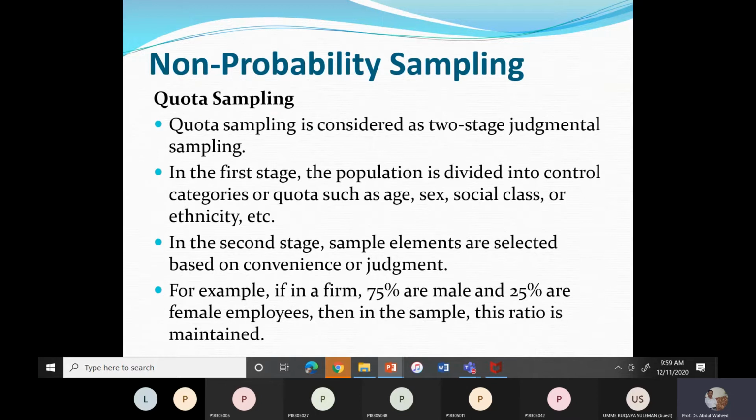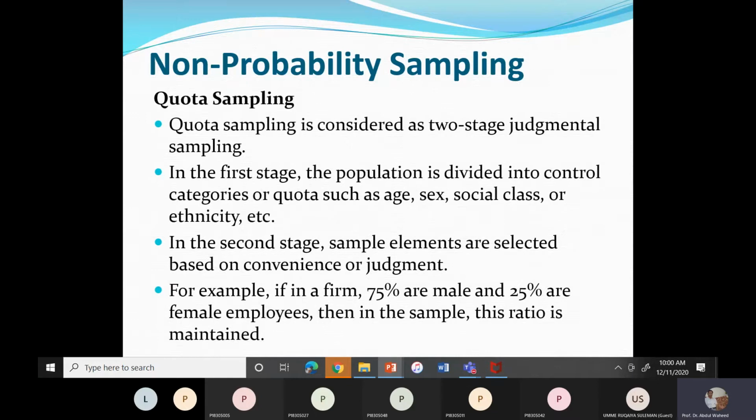And in non-probability sampling, we have quota sampling. Quota sampling is two-stage judgmental sampling. In the first stage, the population is divided into control categories or quotas, such as age, sex, social class or ethnicity. Then in the second stage, the sample elements are selected based on convenience or judgment.